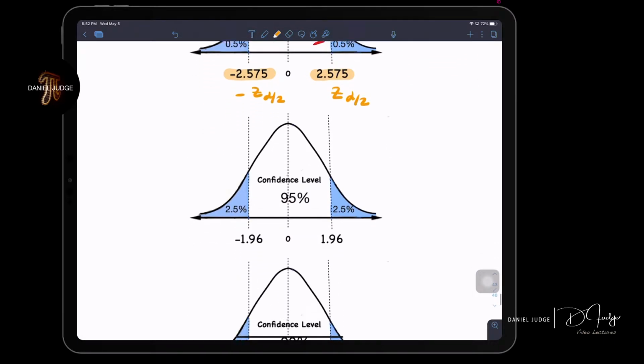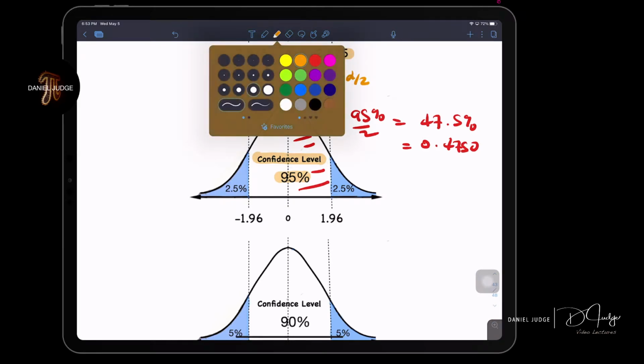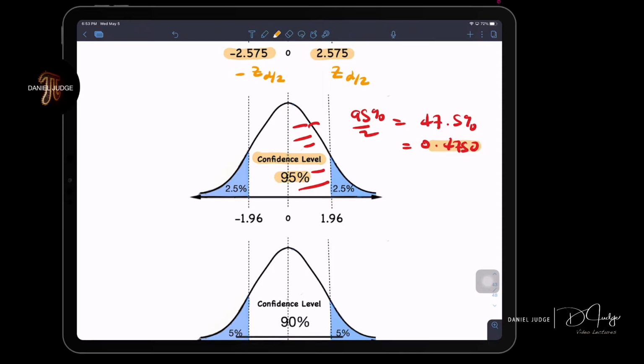Now, similarly, for the 95% confidence level, you may recall half of 95% is 47.5%, which is 0.4750. So we're finding this value working backwards on the Z table. What we're looking for is 47.5%.